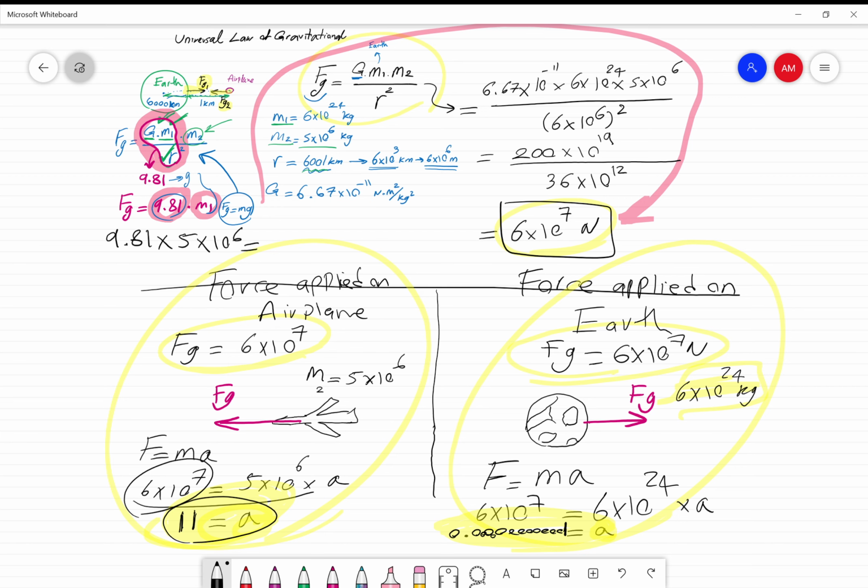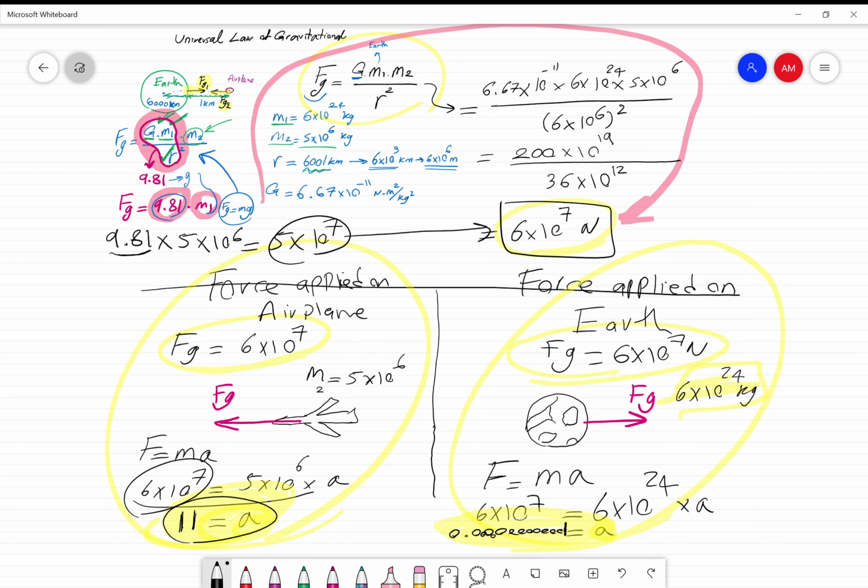If you do the calculation, 9.81 is roughly 10. 10 times 5 is 50, so this is 5 times 10 to the power 7. I know it's not accurate, but it's very similar to what we got in the other calculation. Again, because we're making a lot of assumptions and rounding, this one became 5 times 10 to the power 7. This one becomes 6, which is very close.